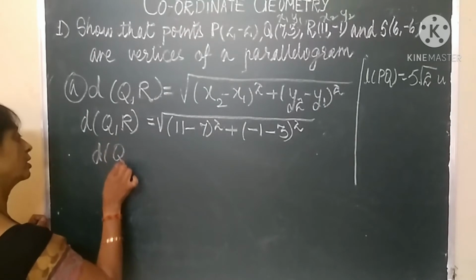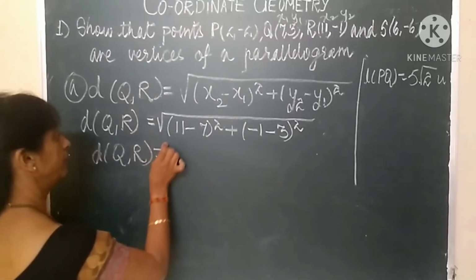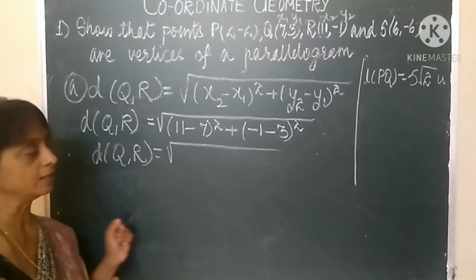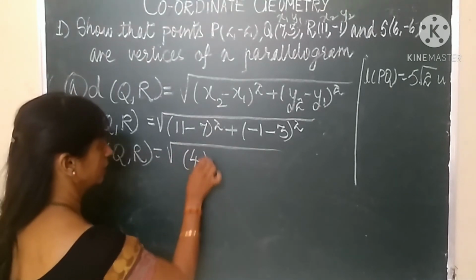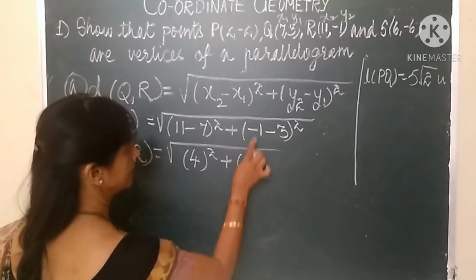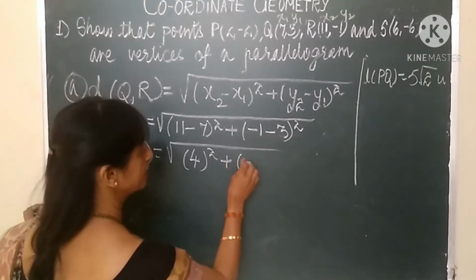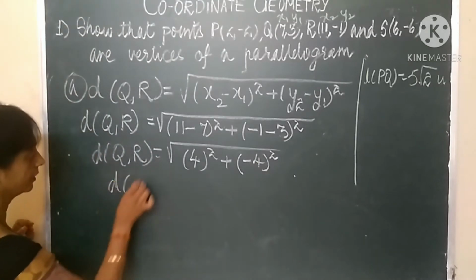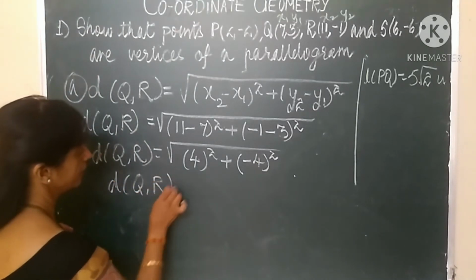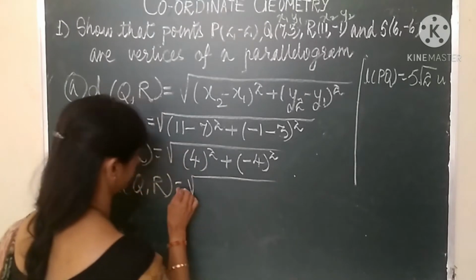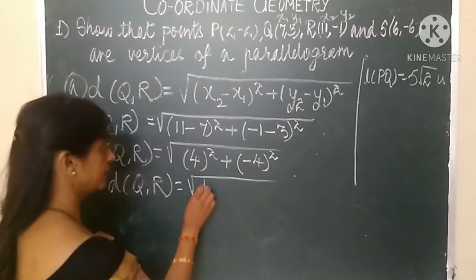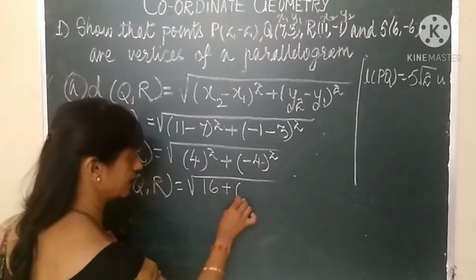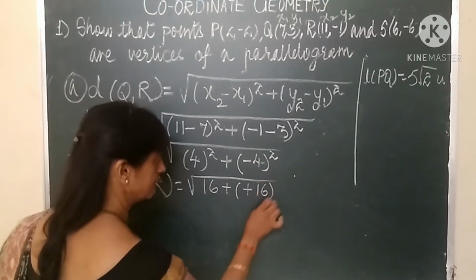So distance QR will be equal to 11 minus 7 will give us 4 the whole square plus minus 1 minus 3 gives again a minus 4 the whole square. So distance QR is equal to 4 square is 16 plus minus 4 into minus 4 is again a plus 16.